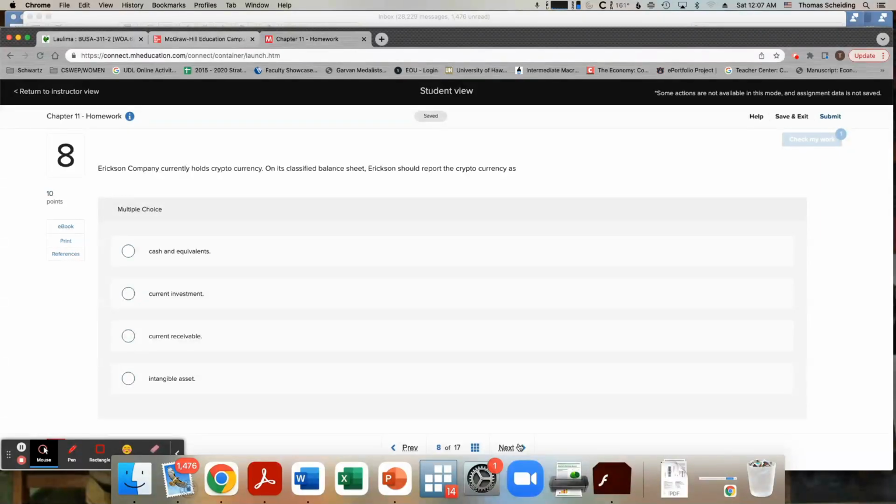Ericsson, how are they going to report that cryptocurrency? This one is definitional. It is an intangible asset. It meets all the definitions of an intangible asset, and as that value changes over time, that's where we would do the long lived asset impairment.